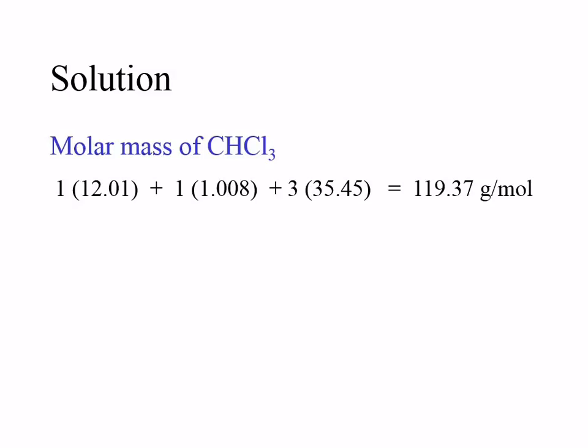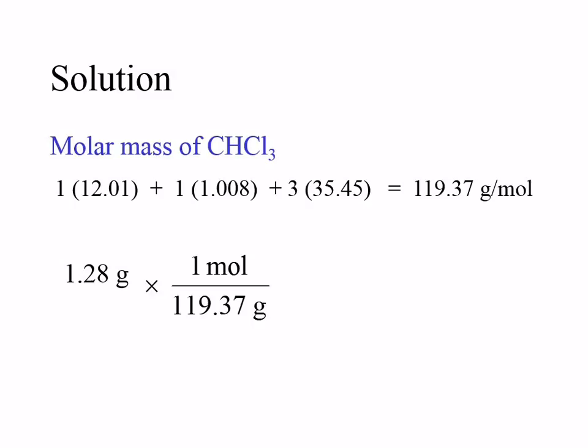1.28. Very good, 1.28 grams over 1. And then, how can we use the molar mass to make grams cancel and be left with units of moles? 1 mole over 119.37 grams. Yep, everybody buy that? 1 mole over 119.37 grams. That's that physical property. That's the molar mass of chloroform right here.